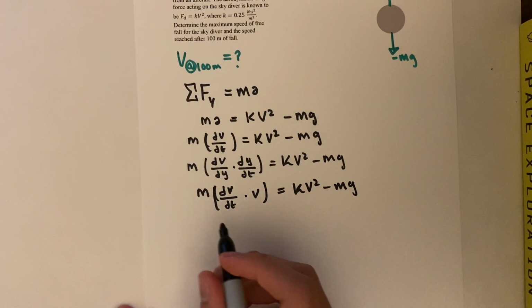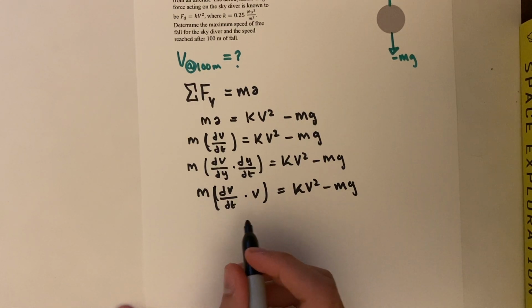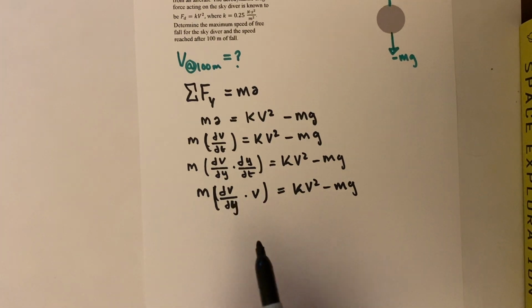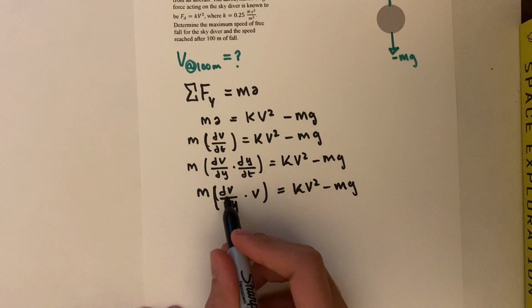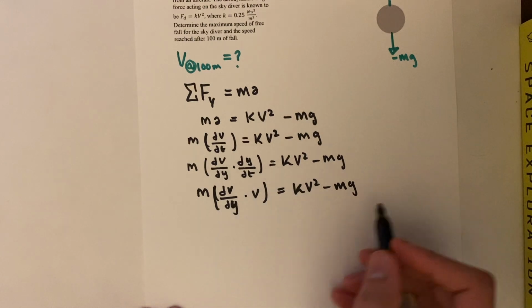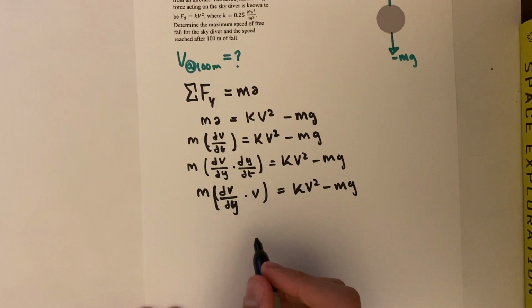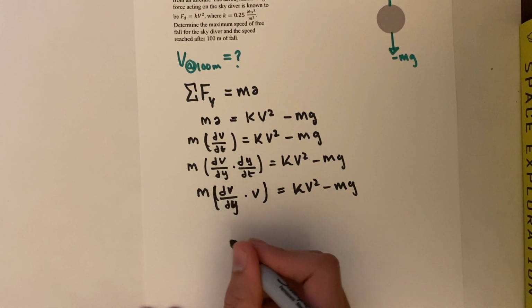Now, let's separate and, I'm sorry, this is y. And let's put the like terms together. So let's take this dv to the other side and the v to the other side and leave the dy on one side.